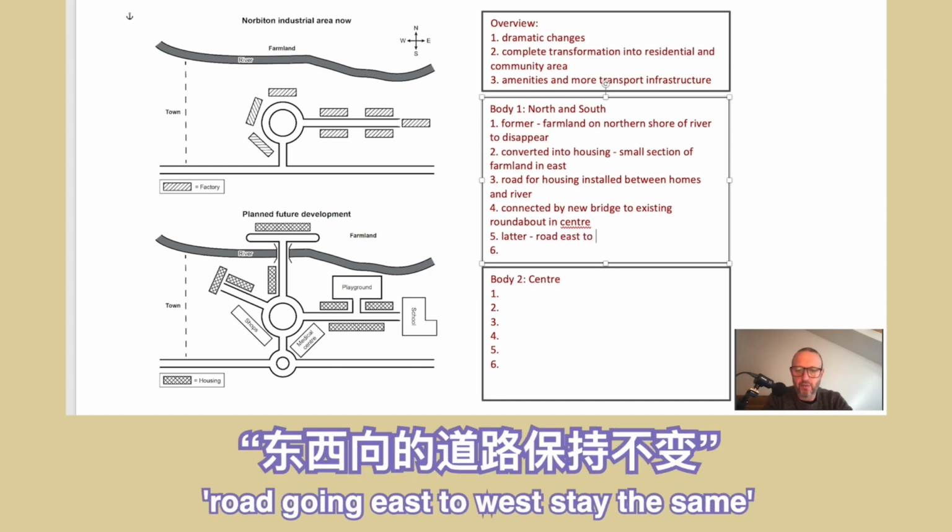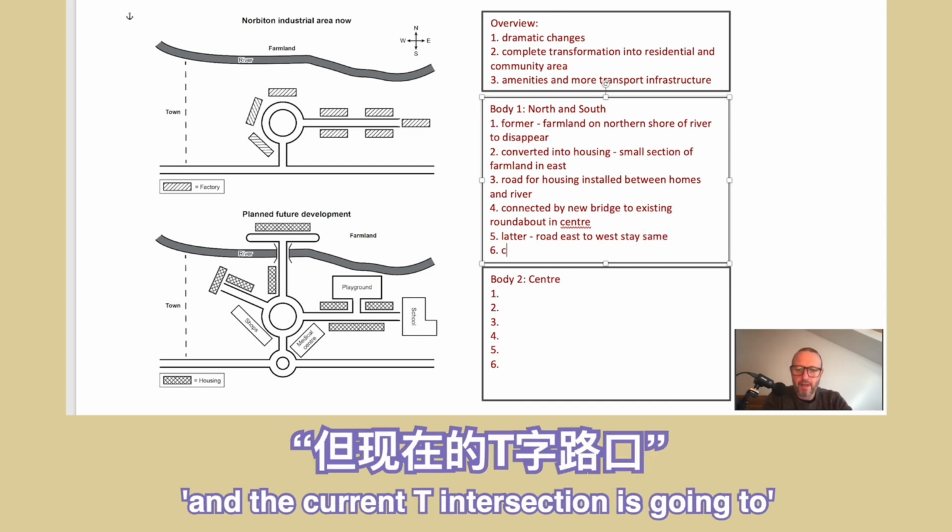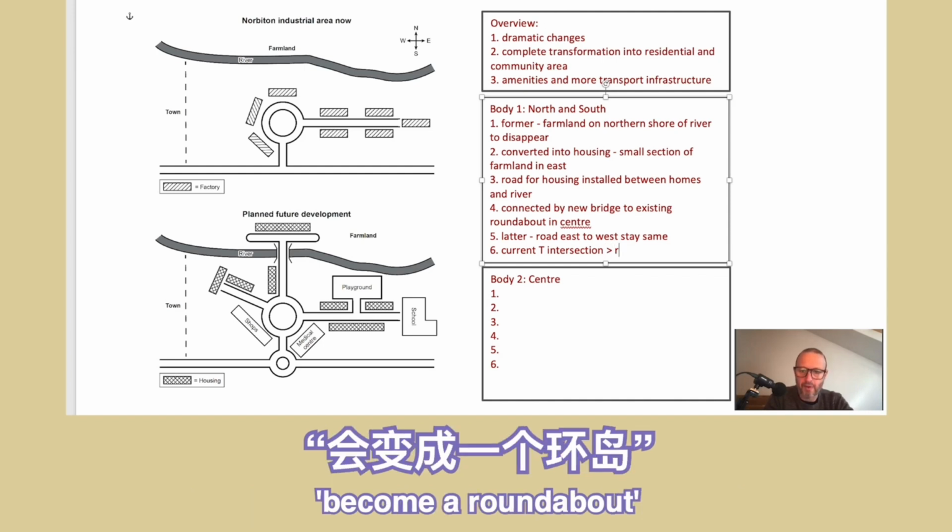Road going east to west, stay the same, right? And the current T intersection is going to become a roundabout.